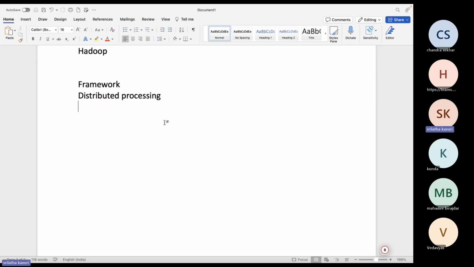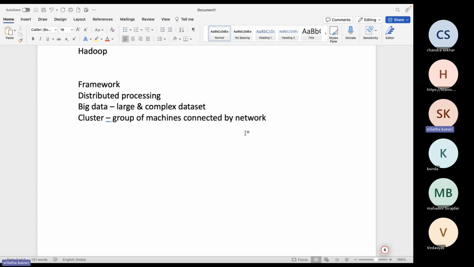And what we are distributing is big data, the large and complex data sets. We do this processing on a cluster of machines. Cluster means a group of machines connected by a network.